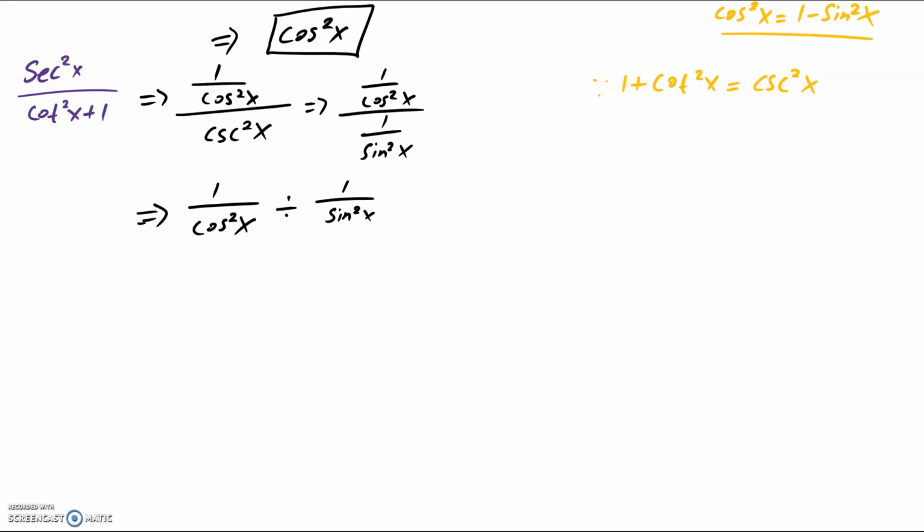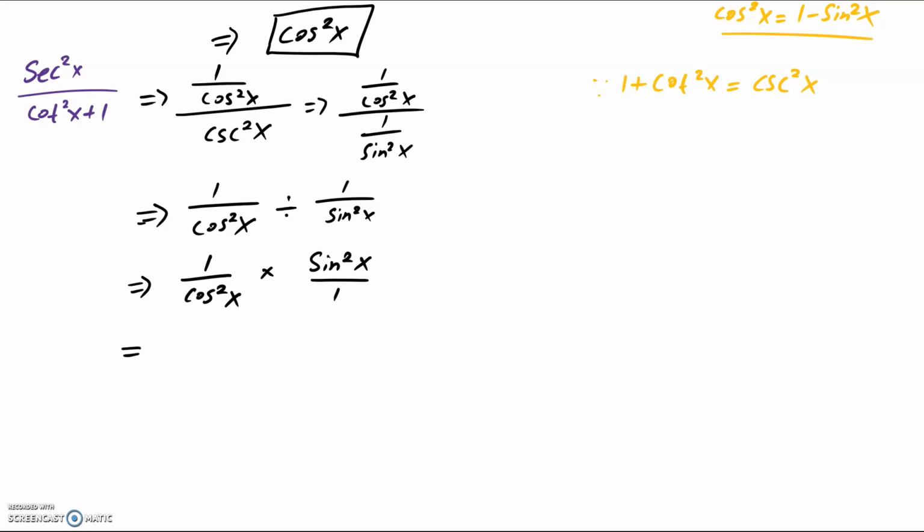Correct? I'm just doing it this way so you can understand how to simplify a double division sign. When you have this expression, and you remember we used to do this in really early classes, whenever you have a division sign you can change it into multiplication. When you change into a multiplication sign, you flip the fraction, and it's going to be sine squared x over 1.